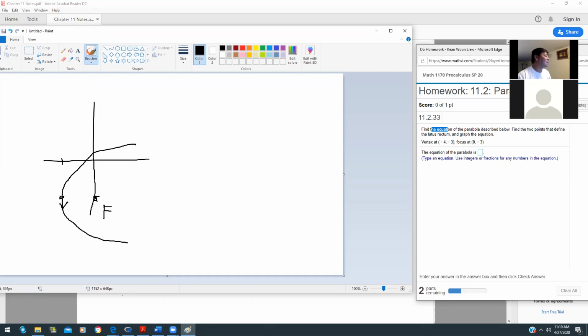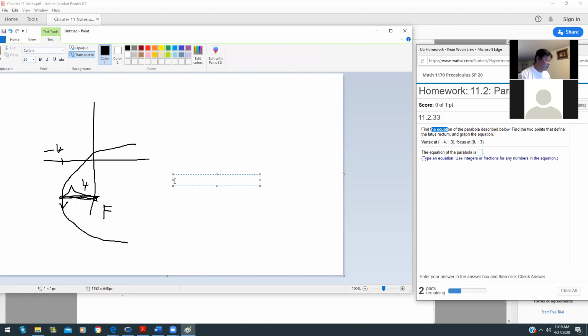So what is the distance from here to here? If you can figure out that distance, that is your a. Since this is -4 here, this distance will be 4. So in this case, your a will be 4.